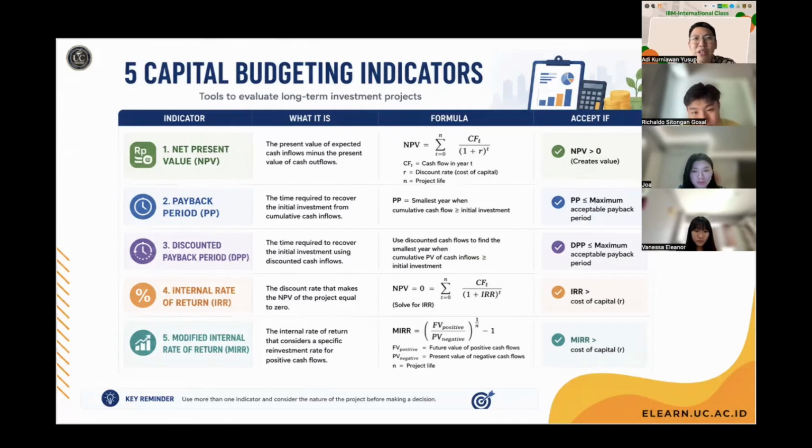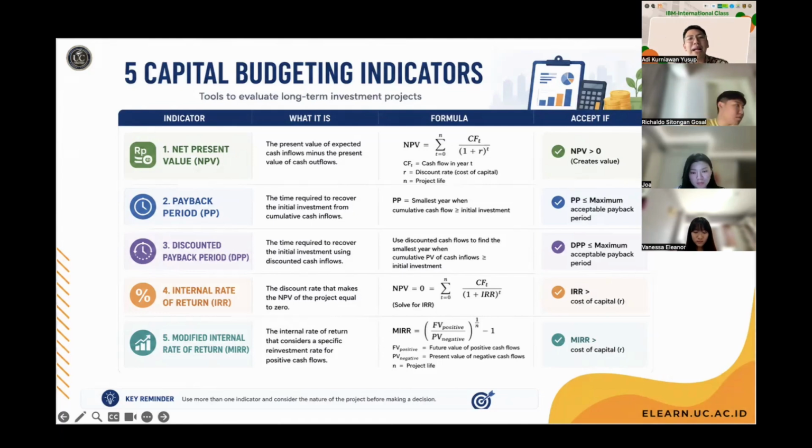Later I will try to simulate how it works. You accept if NPV is higher than 0, meaning the net present value of the inflow and outflow is positive. So it creates value, so you should accept the project.